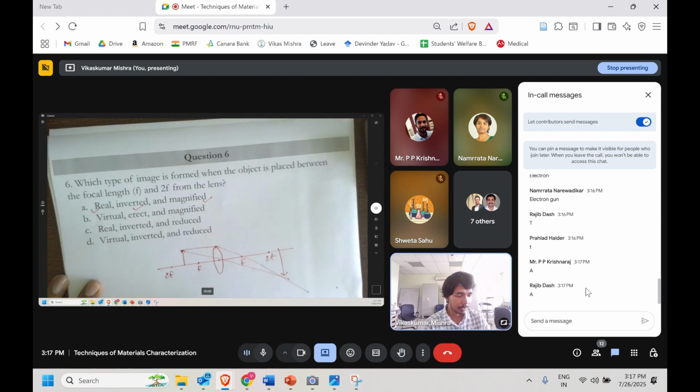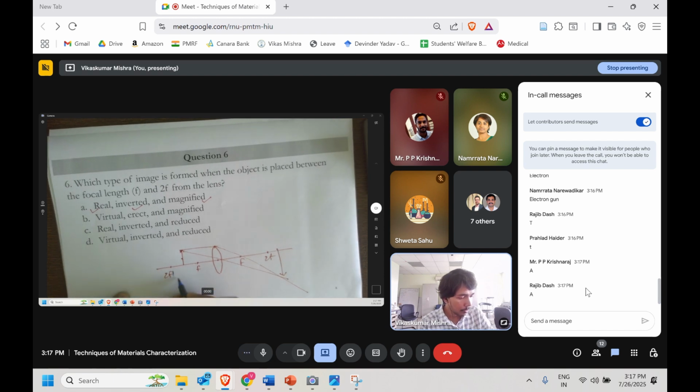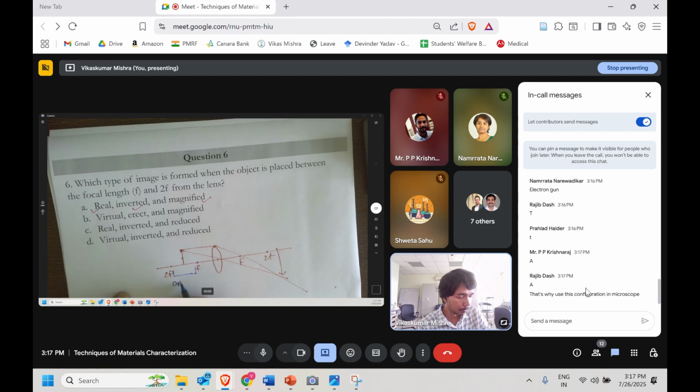It's large compared to the object, and this is the reason we place our specimen this way in the optical microscope. One more thing: the closer the object is toward f, the more the image is enhanced, which is why we use this configuration in the microscope.